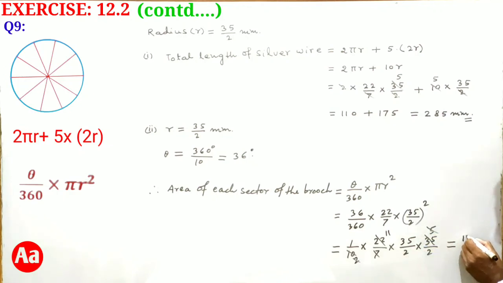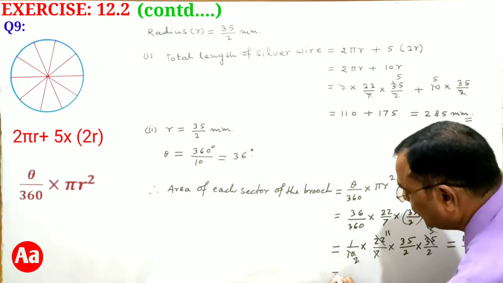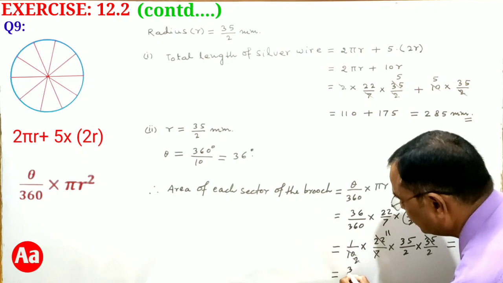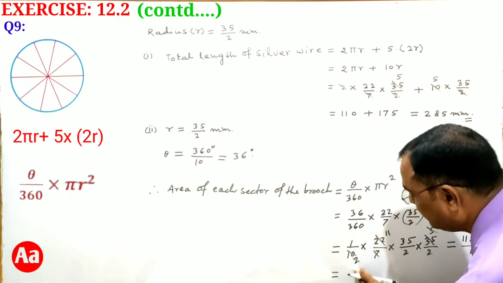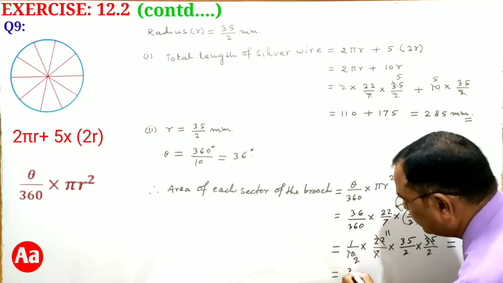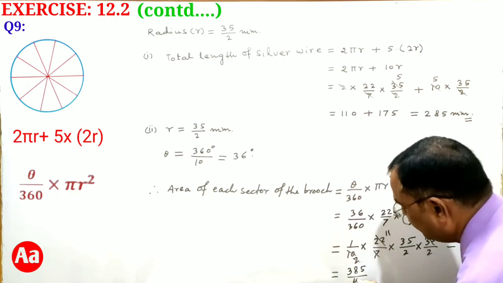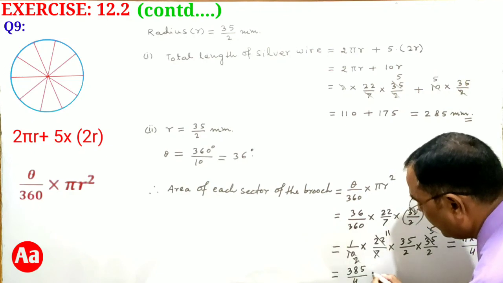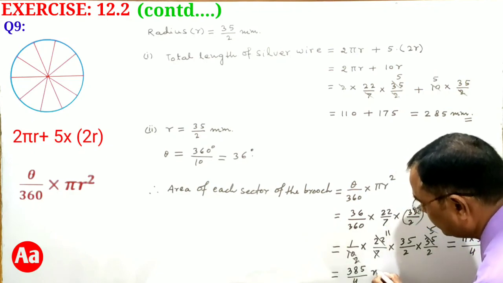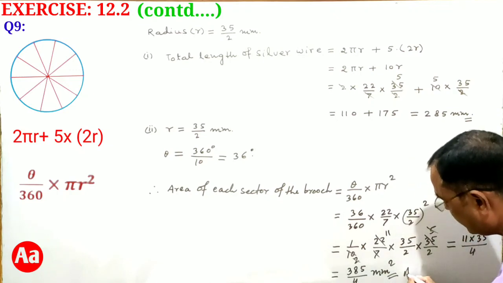So this is equal to 11 into 35 by 4, and this is equal to 385 by 4 millimeter square, and this is the answer.